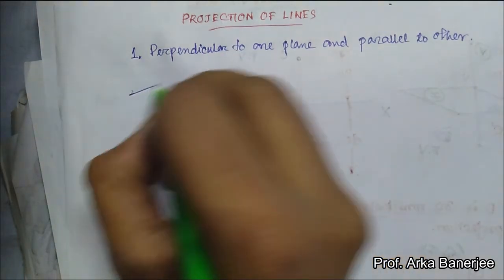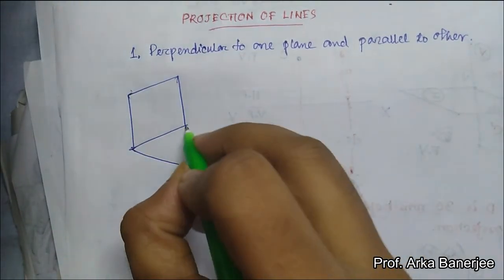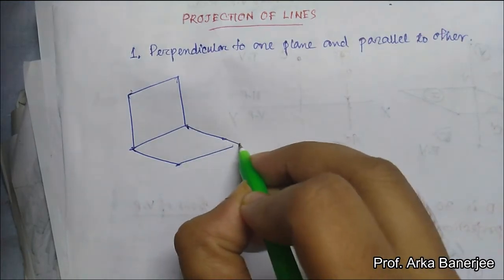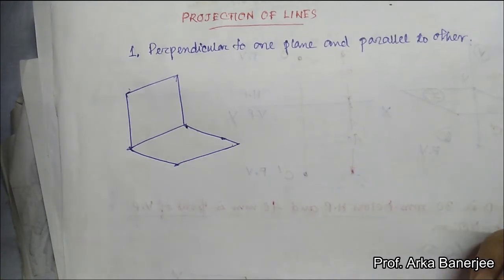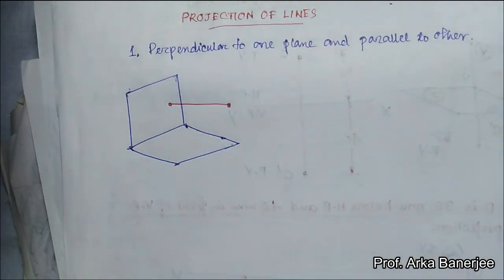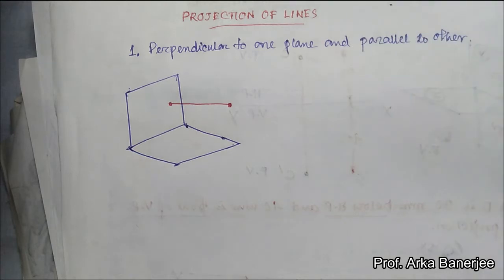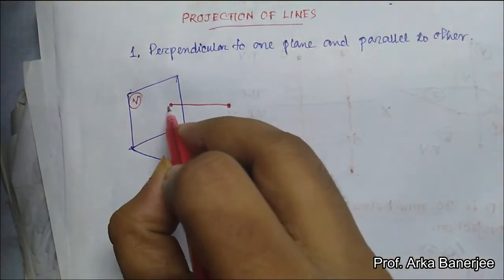So if this is the first quadrant, we are drawing only the first quadrant. In this first quadrant, the straight line may be present like this. That means this is perpendicular to the vertical plane here.